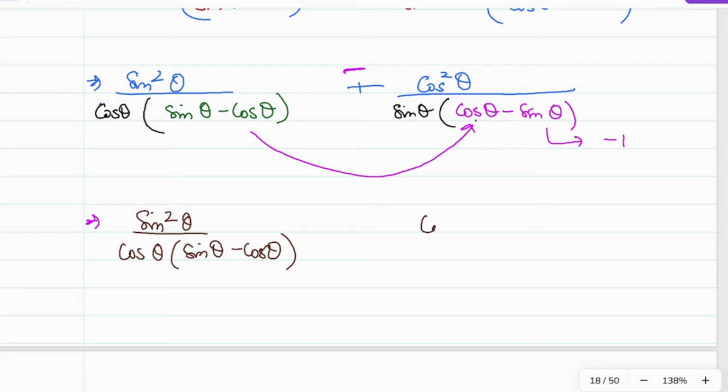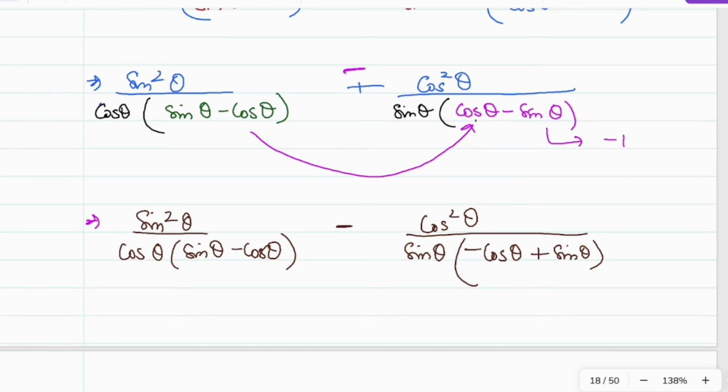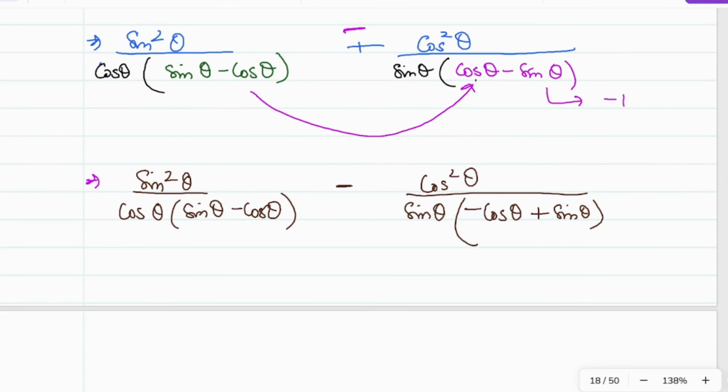That is cos square theta divided by sin theta into, cos theta will get converted to minus cos theta and sin theta to plus sin theta, and I can take that minus 1 and place it here. Then the negative sign changes to positive. So I can rewrite my denominator, right?